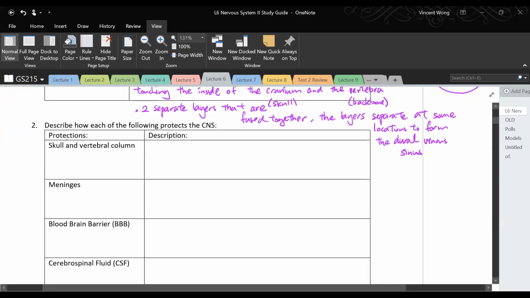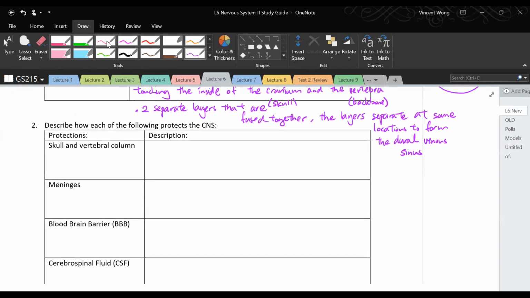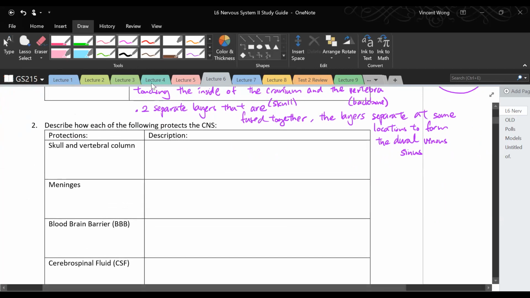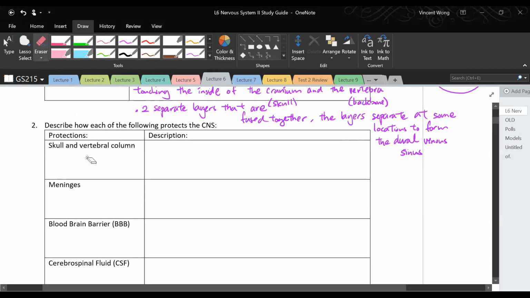Next, we have: describe how each of the following protects the CNS. First one starts with the skull and the vertebral column. So these are bony structures, right?